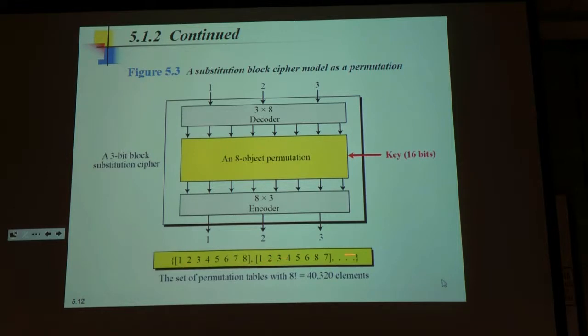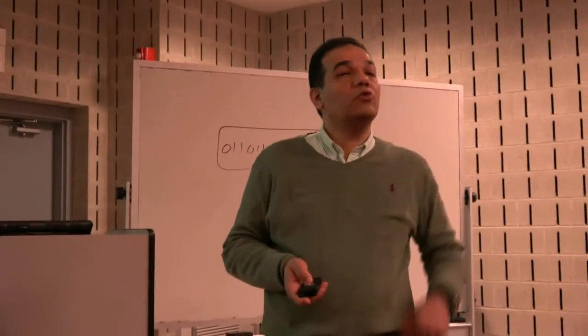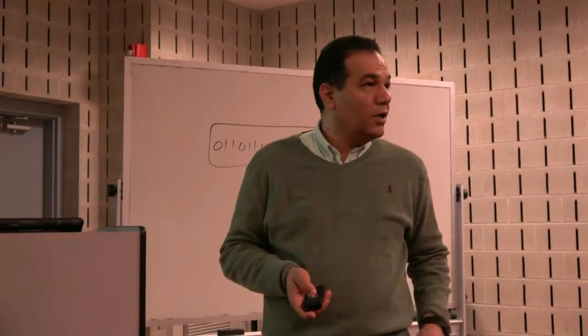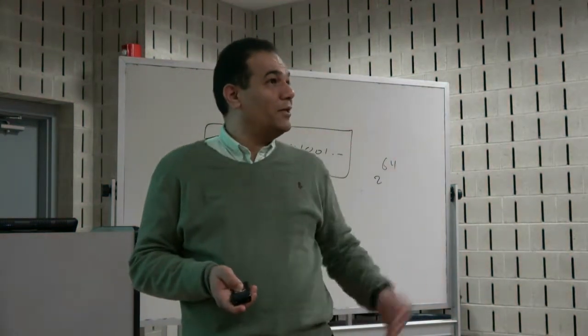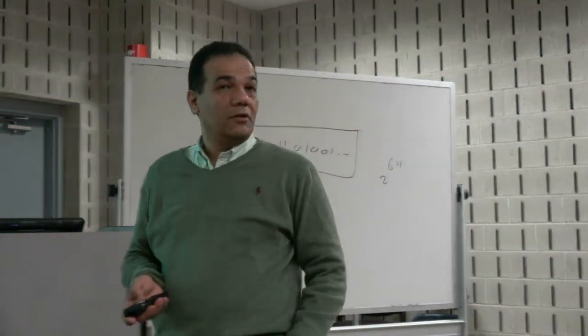So how many options are you going to have? Because the 3 is converted to 8, you will have 8 factorial, which is 40,320 different elements. Usually substitution will give you many more elements, much more confusion, when you convert the plaintext to a ciphertext.